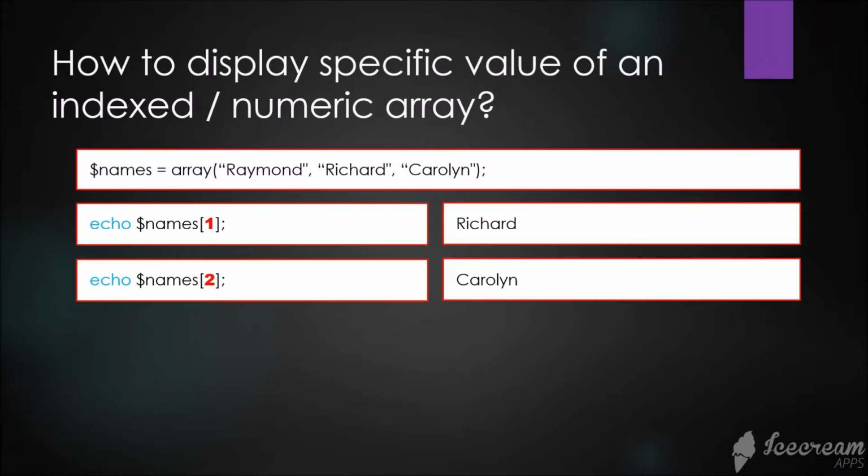Okay, so now, what if there are already 50 items or names in our array list, and we want to display the 40-something or more, what will we do? How will we know what specific index it is?